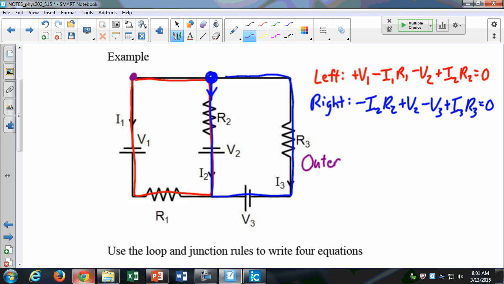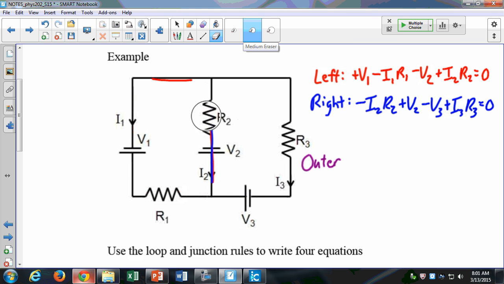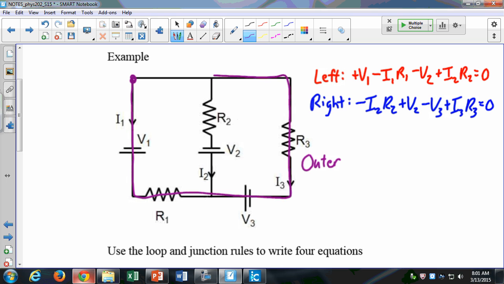Let's start here. Let me erase all these marks that I have. Start here and go all the way around until we come back to the same part. It's going to be plus V1 minus I1R1, and then you keep going around.